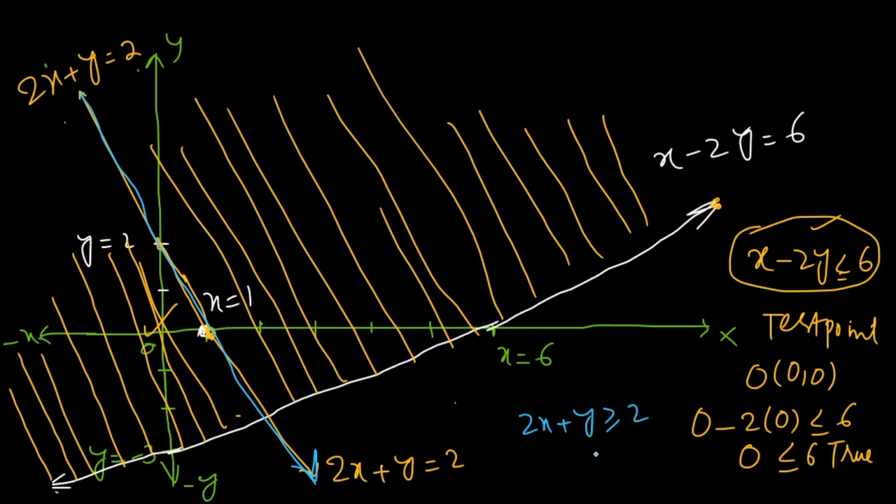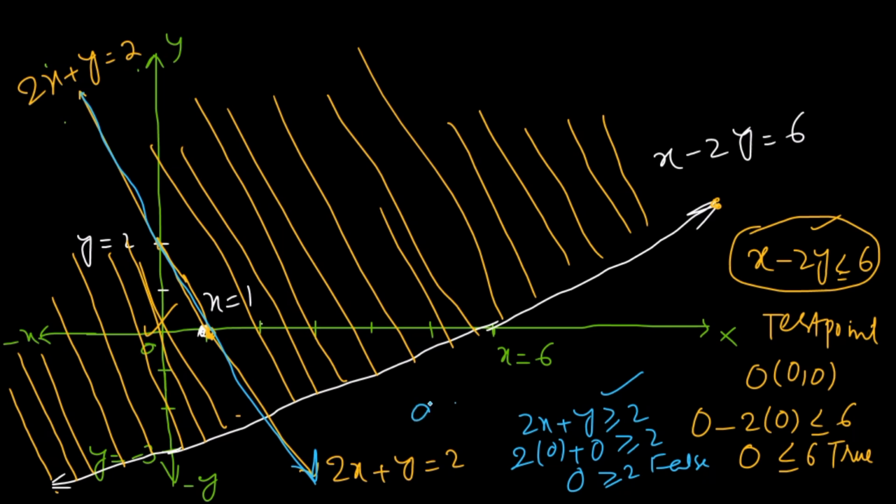To determine the direction, whether it will be shaded towards the origin or not, we just put x is equal to 0 and y is equal to 0 in the given inequality. This will become 0 greater than or equal to 2. This is false. 0 is always less than 2. So what does this represent? This represents that the graph of this inequality is away from the origin.